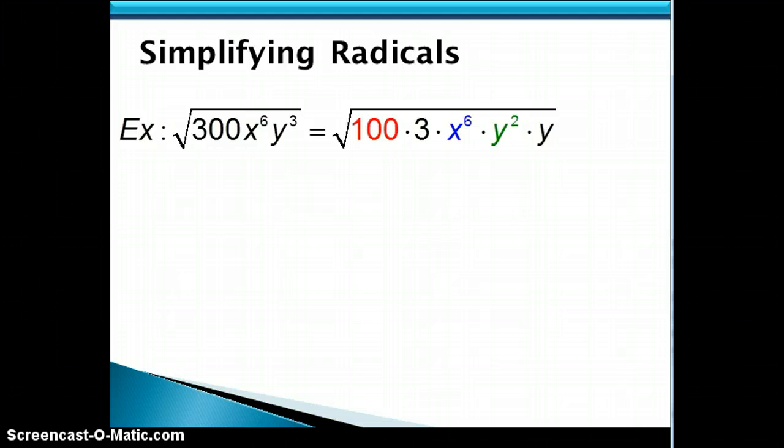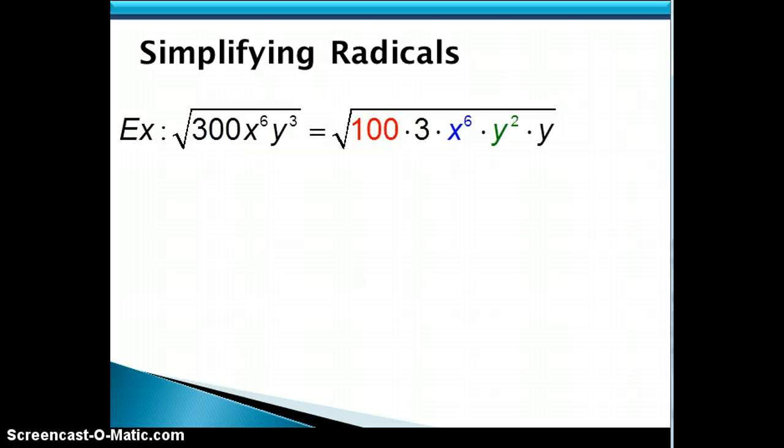Now we want to split this apart into several square roots separately, square rooting each of these factors separately using the product rule. But what we want to do is simplify the square root of each of the perfect squares, and those results will always need to be in the front or on the left side of your answer.